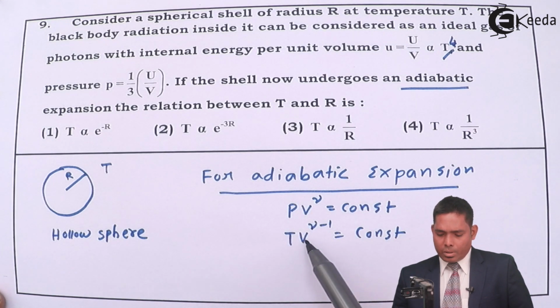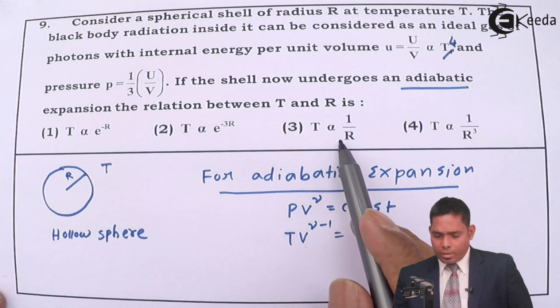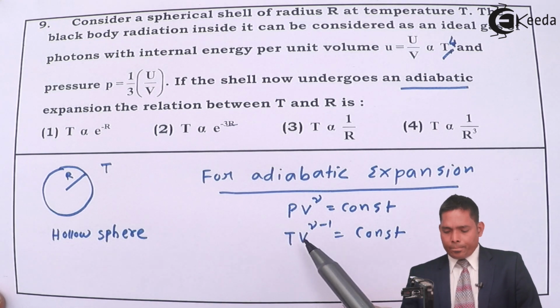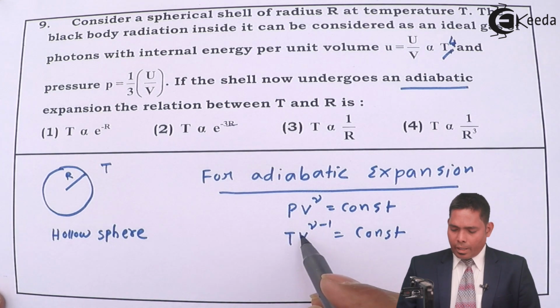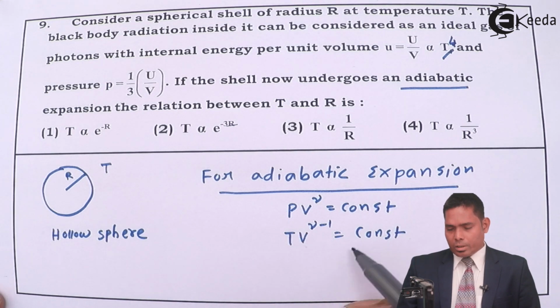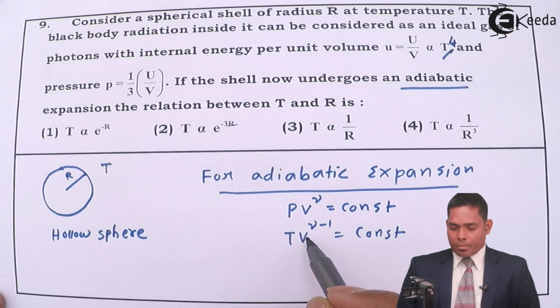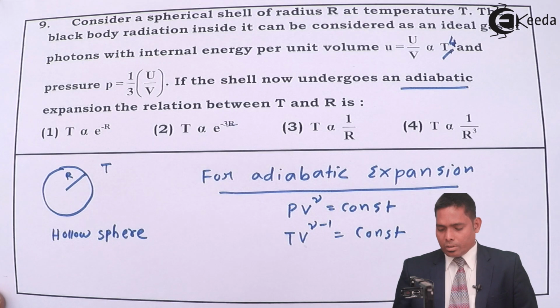I'll use this because I want the relation between T and R. Our aim is to write V in terms of R. If I write V in terms of R, then I'll have the relation between T and R. Then I'll see the options.